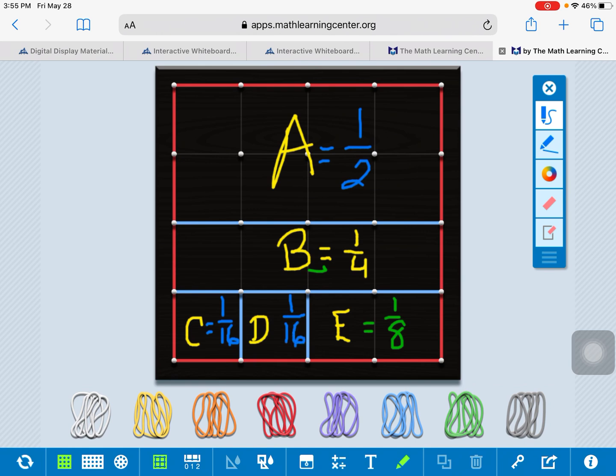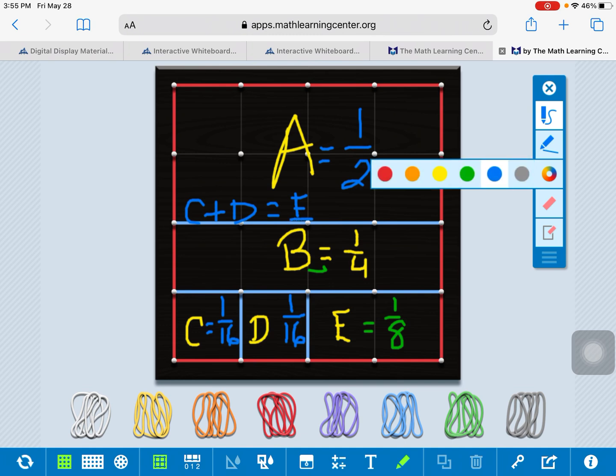So if I took some of these boxes and I added them together, let's think about this. If I took C plus D, what does that equal? If you're thinking it equals E, you're correct.